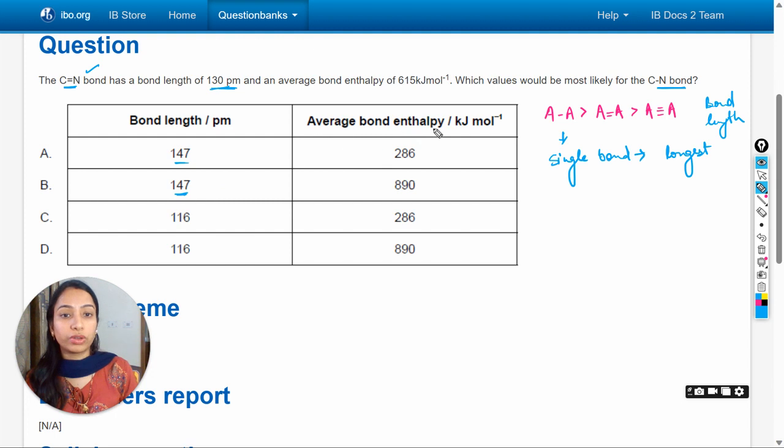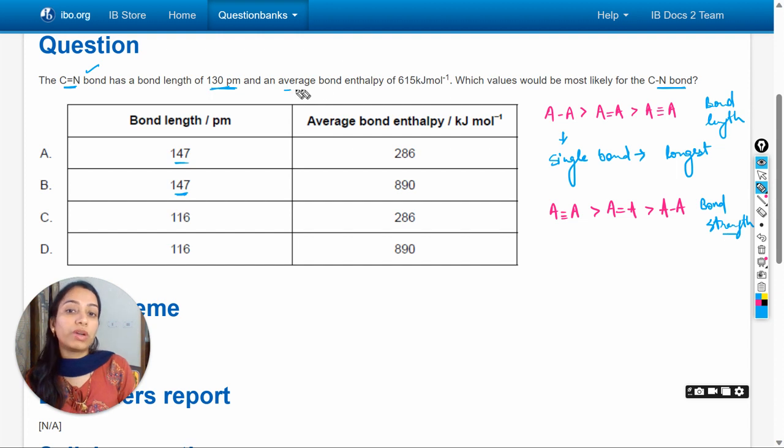Now we will evaluate for the average bond enthalpy. So next we will discuss the bond strength. Bond strength is highest in case of triple bond, then double bond, then single bond. So here I'm writing the order for the bond strength. Now why am I discussing the bond strength?